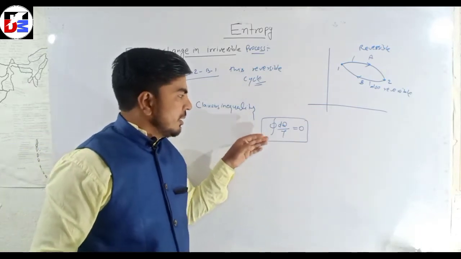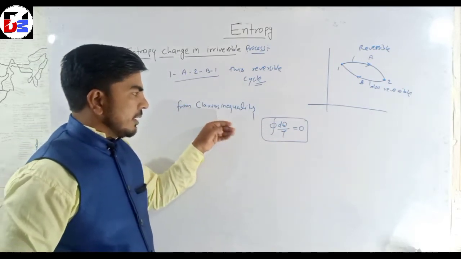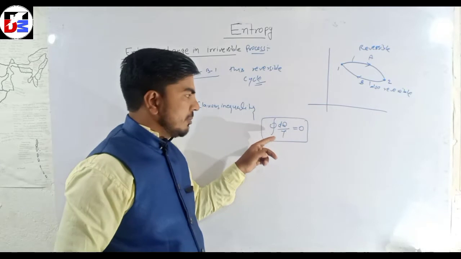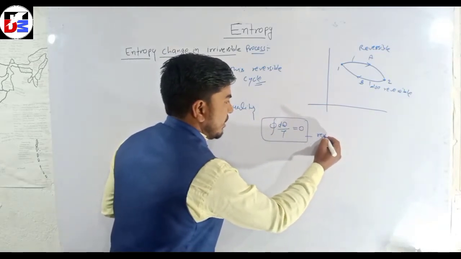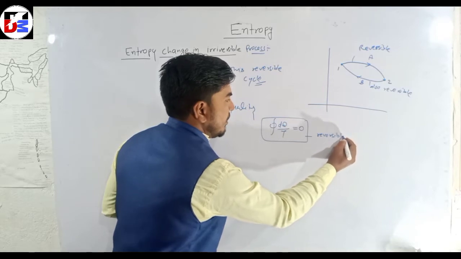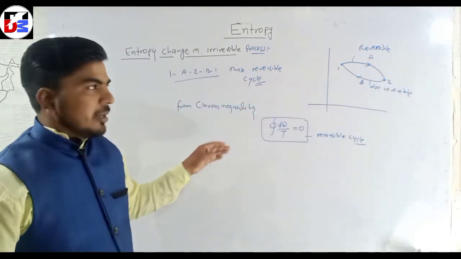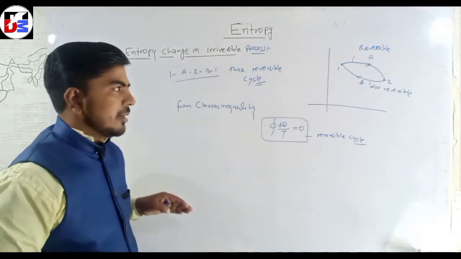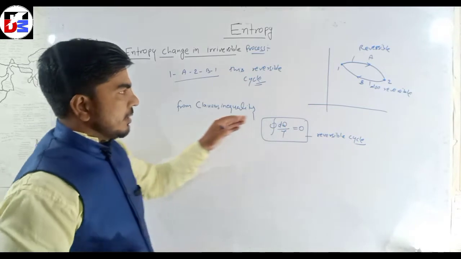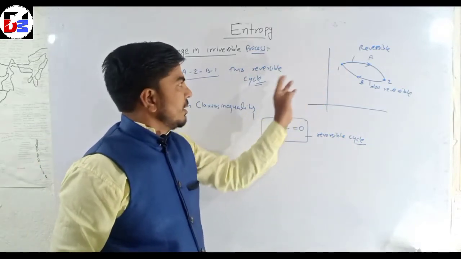The Clausius inequality says that the cyclic integral of dQ/T is equal to 0. This is valid for a reversible cycle, and we see here 1A2B1 is a reversible cycle, and we can separate the terms for this cycle.